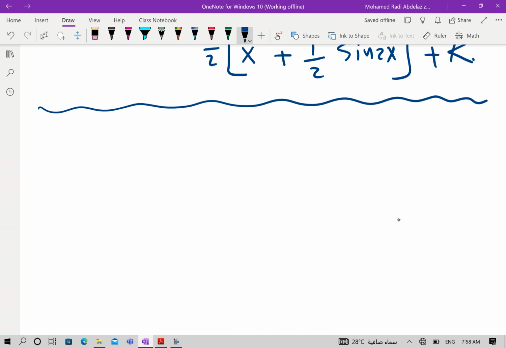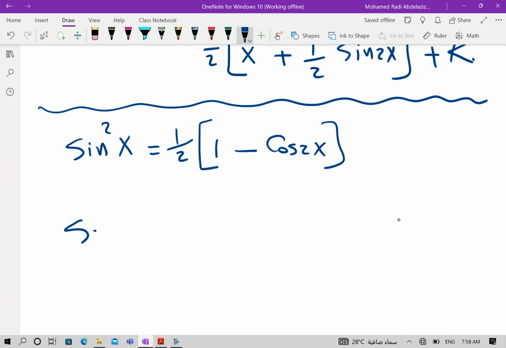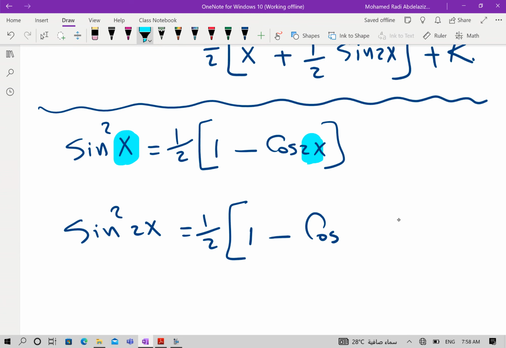Again, the identity now: sine squared x is 1 over 2, 1 minus cosine 2x. So if it is sine squared 2x, what is the identity? It has 1 minus cosine what? 4x. If it is x here, it will be 2x, so if it is 2x, it will be cosine 4x.